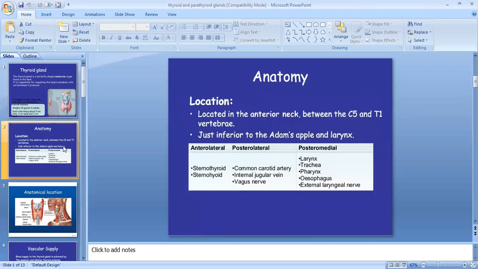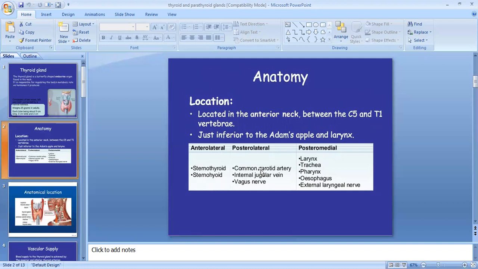So, as we have discussed, thyroid gland is located in the anterior neck between C5 and T1 vertebra. This is the vertical limit of thyroid gland from C5 to T1. The anterolateral relation of the gland is sternothyroid and sternohyoid muscles. Posterolaterally, we have the carotid sheath with its contents.